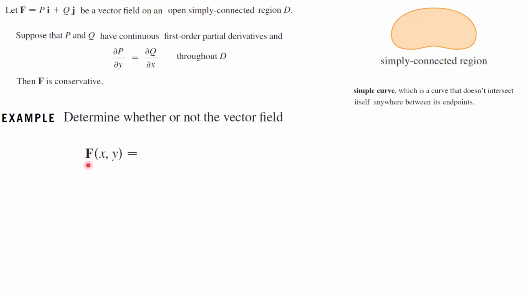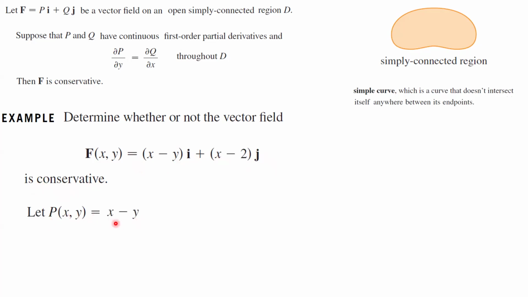Please pay attention, for a vector field we use a capital letter F or a bolded letter, or we use an arrow on top of it, which is defined as x minus y in the direction of the x-axis plus x minus 2 in the direction of the y-axis. So basically you have your P and you have your Q. We want to check to see if it's conservative or not.